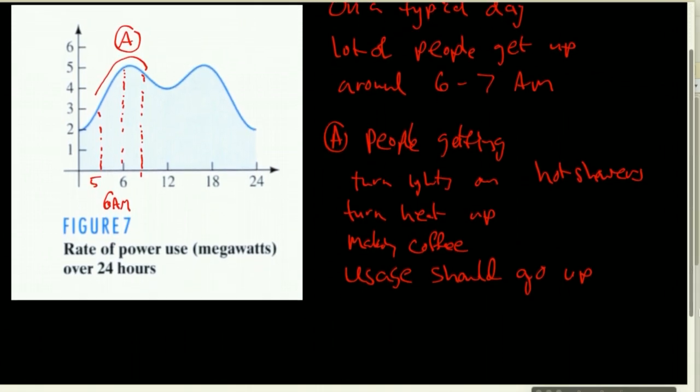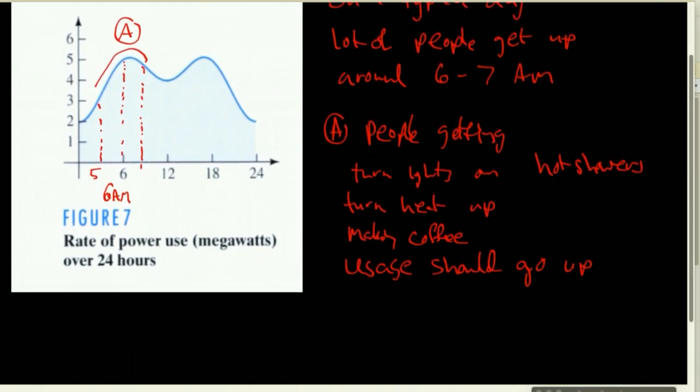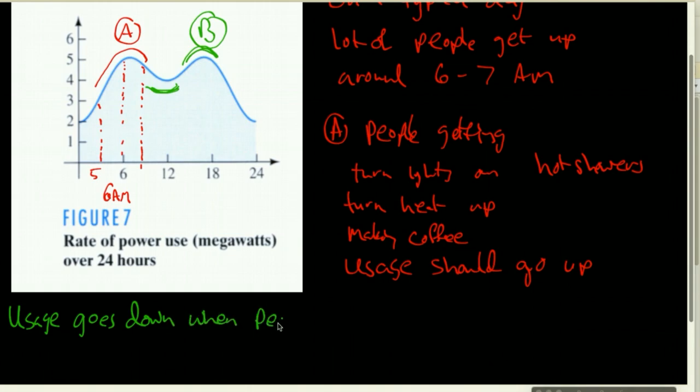Now, I want to think about what about this part of the curve? Let's change this to a different color. Let's call this part of the curve B. You'll notice in the middle of the day, the usage drops, and then the usage goes back up. So we need to explain both of those. Usage goes down when people leave for work.